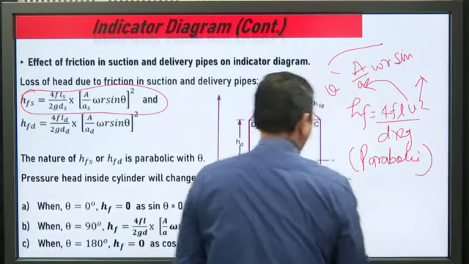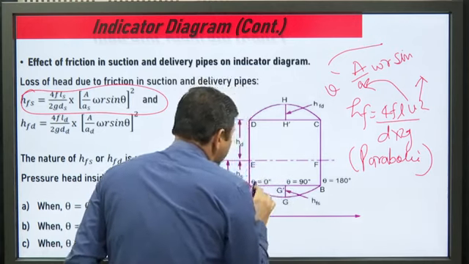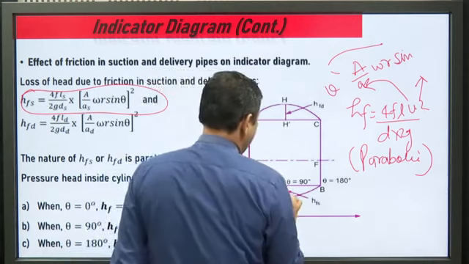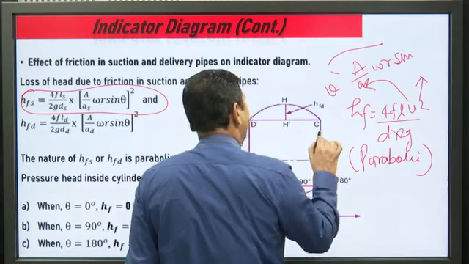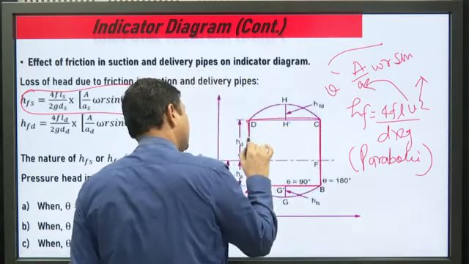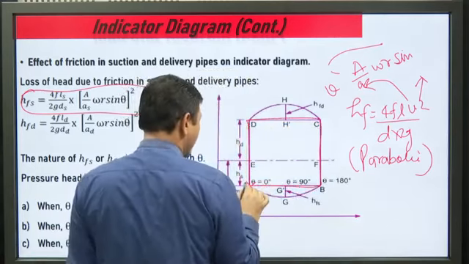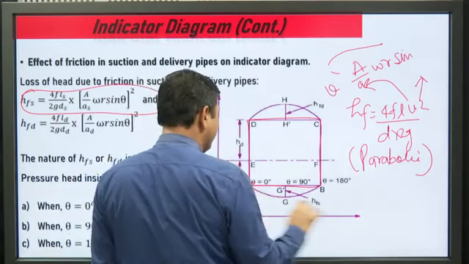In the suction stroke, A, B, C, D is the indicator diagram. At the beginning of the stroke, theta is 0, so there is no effect of friction, HFS is 0.